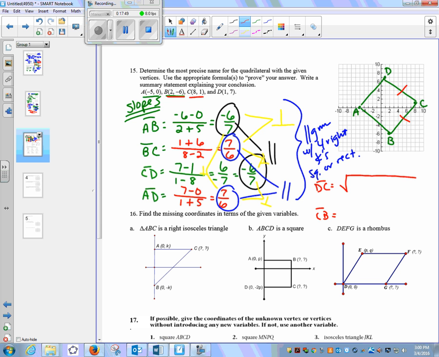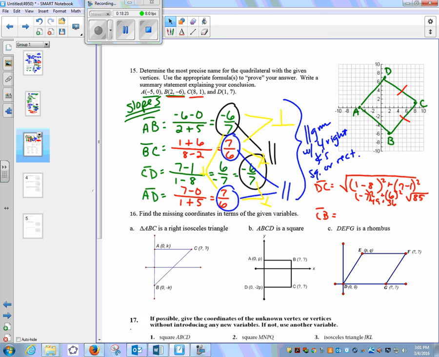Okay, so the length of DC is going to be DC. I'm going to subtract the x's, 1 minus 8 squared plus 7 minus 1 squared. That's -7 squared plus 6 squared. That's the square root of 49 plus 36. And so CD is the square root of 85.